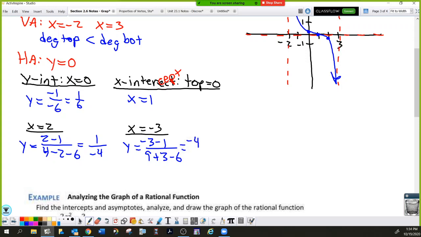It's -4 over 6. It's -2/3. So as I go this way, I ended up in the negative zone. This is -3. That put me somewhere around here-ish, -2/3-ish. And what that tells me is that my graph is going to be shaped like that, because I have to get close to both of those asymptotes.